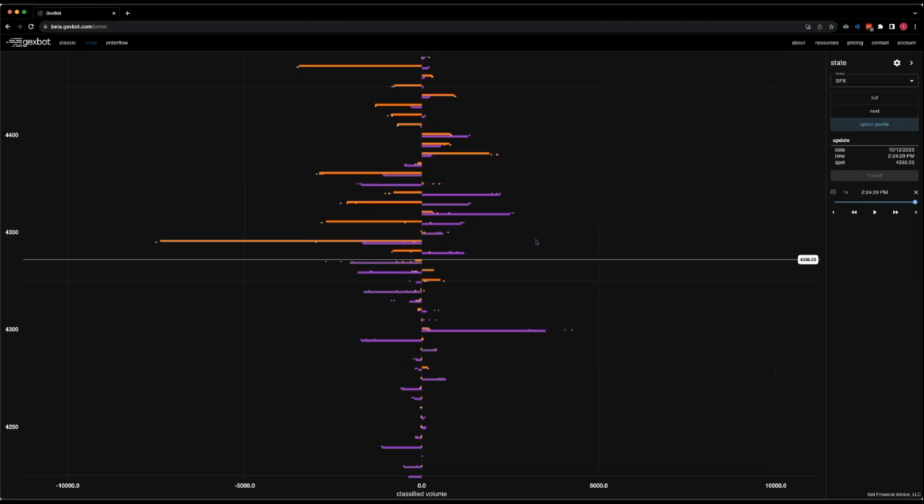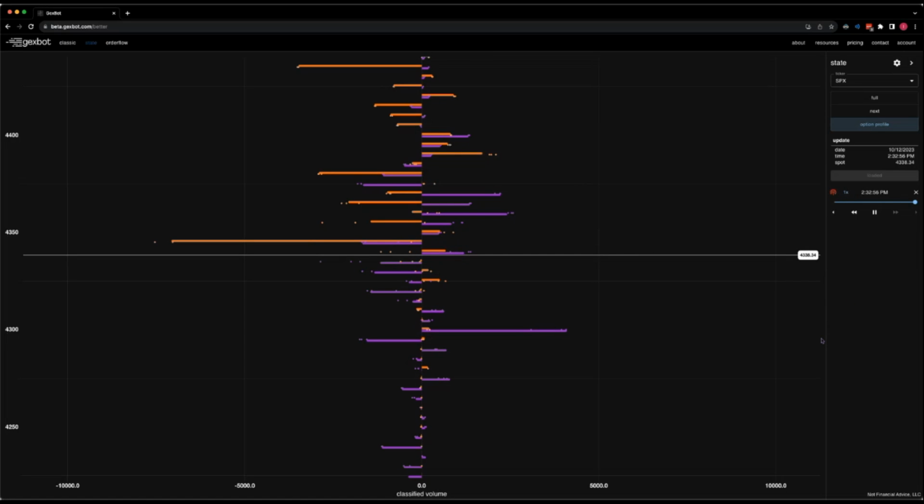One thing I want to note is that, with this classification model, part of the reason we implemented it is that for our classic GEXBot, we're making the assumption that all puts are bought and all calls are sold. The naive GEX still works generally well, but that is really only true for SPX, due to the nature of the agents who are actually trading SPX.